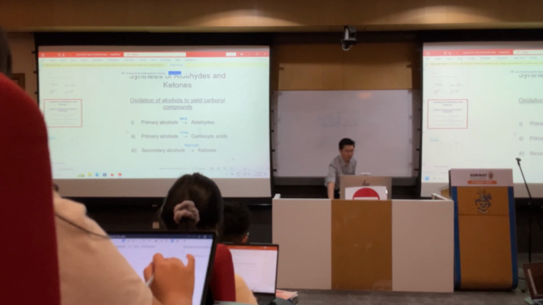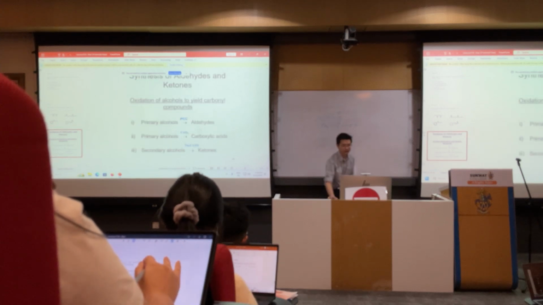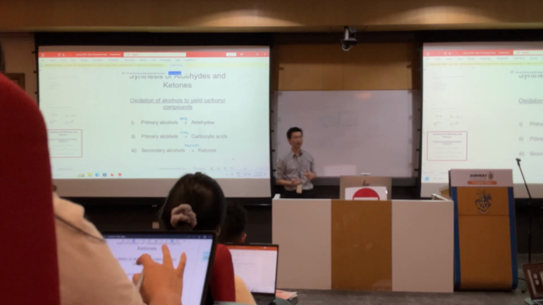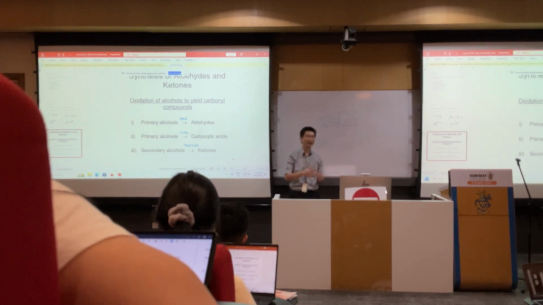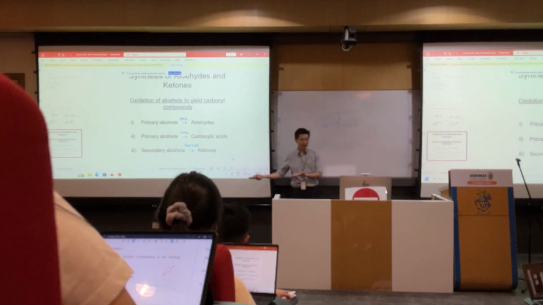So next we'll go through the synthesis of aldehyde. Okay. So in the first lecture we learned about the reaction of alcohol, right? So the alcohol can be oxidized into a ketone or aldehyde. So a similar reaction happens here.